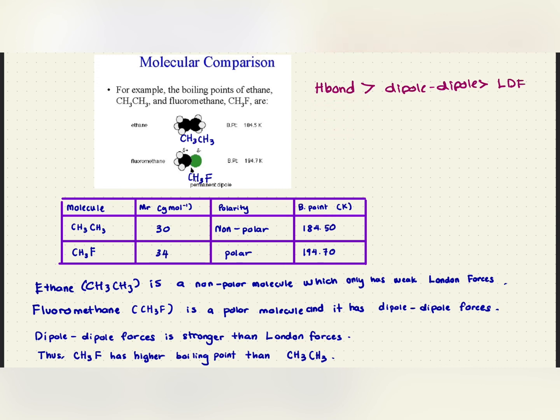So next followed by dipole-dipole, and the weakest is London dispersion forces. Untuk fluoromethane, it is a polar molecule, therefore it has dipole-dipole forces. And dipole-dipole forces is stronger than London forces. That is why fluoromethane, okay, CH3F, has higher boiling point than ethane. Okay, so itu cara kita nak explain.